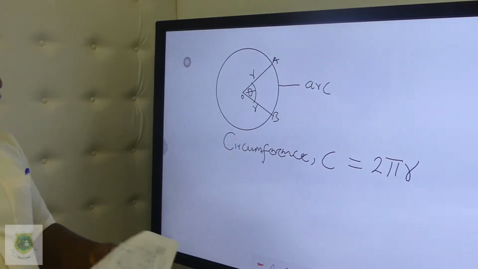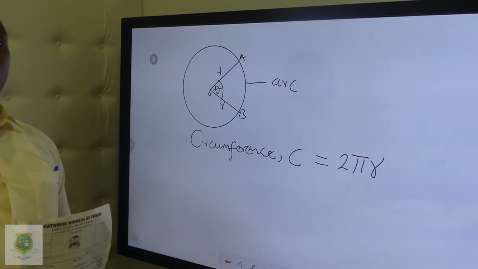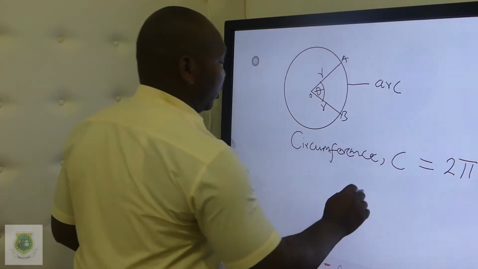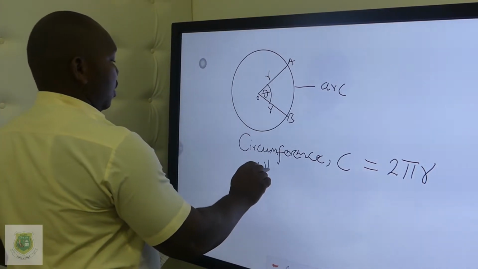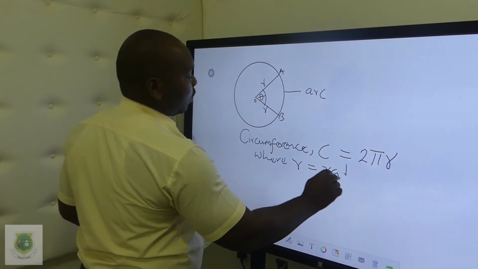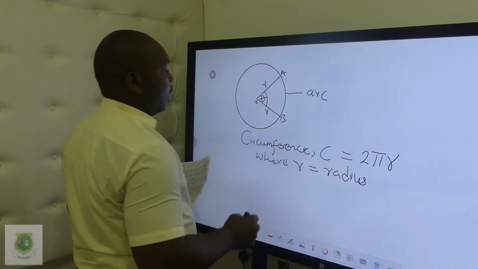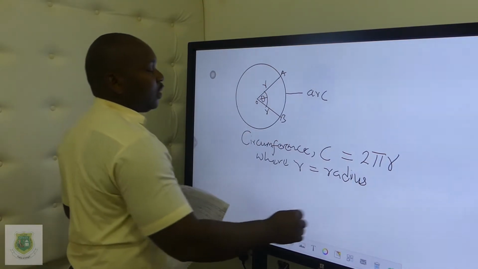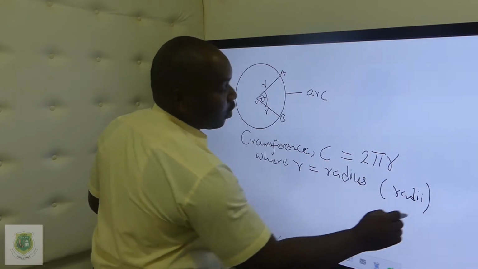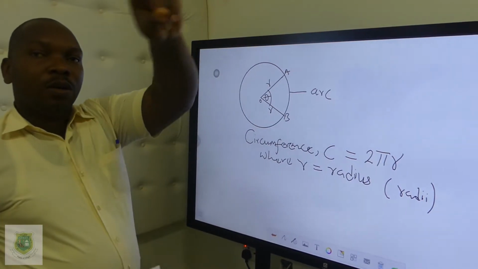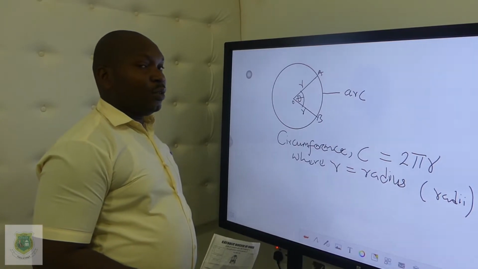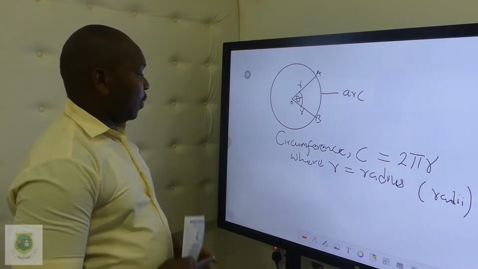The perimeter of a circle is given as 2 pi r, where r is the radius. And if it is 2, we call it radii.